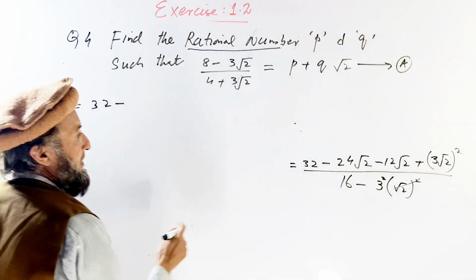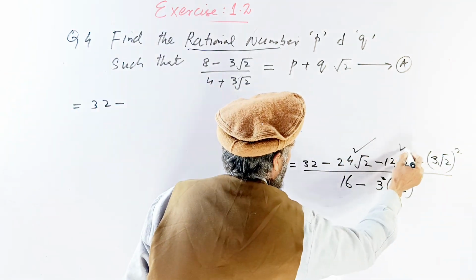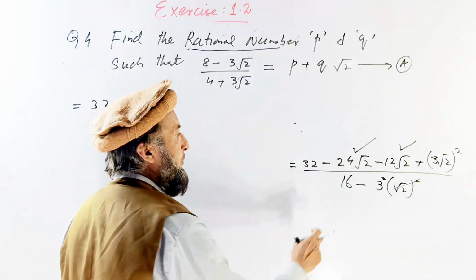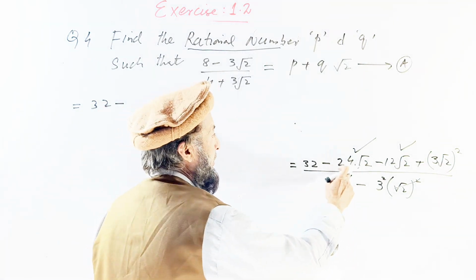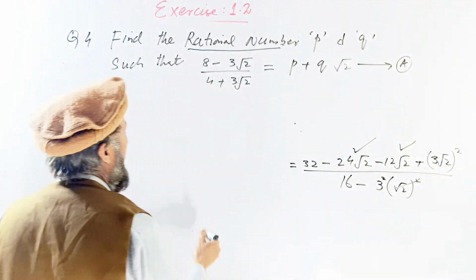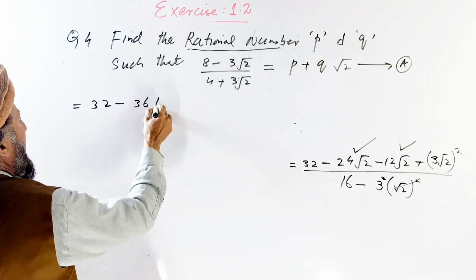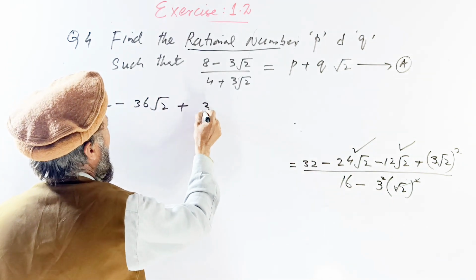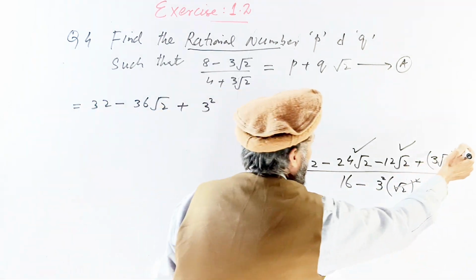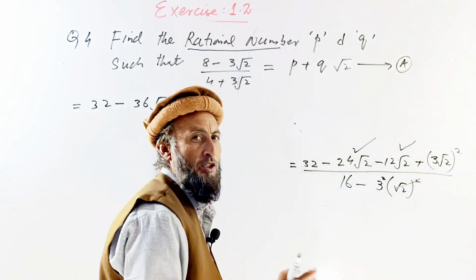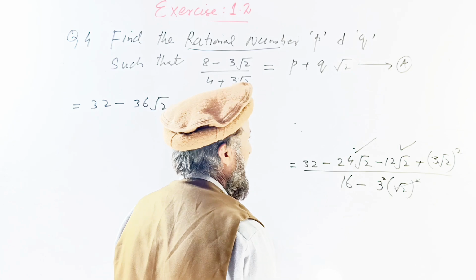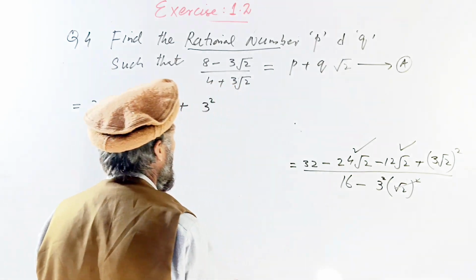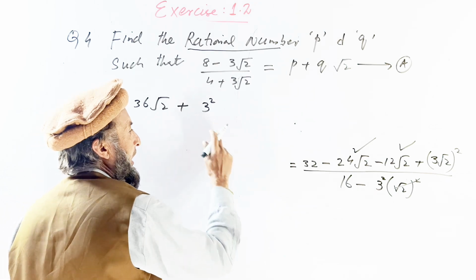32 minus, here the bases are the same, the square root terms, so we add their coefficients, minus 24 and minus 12, we get 36 under root 2, and plus, similarly here 3 square, we cannot directly cancel each other, so this is a great mistake. First we open each exponent.